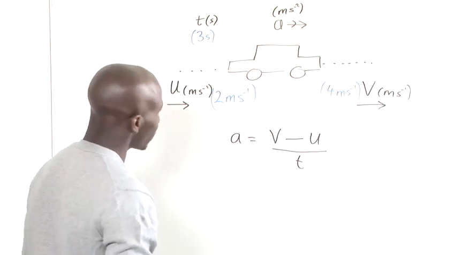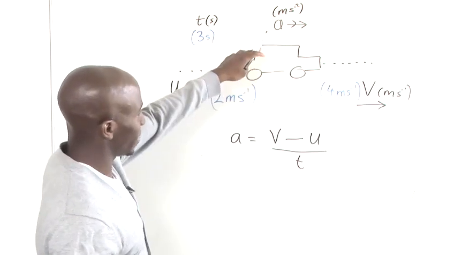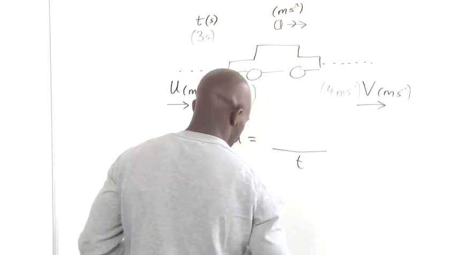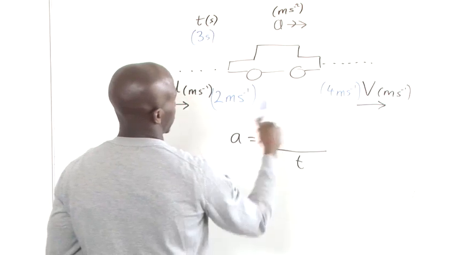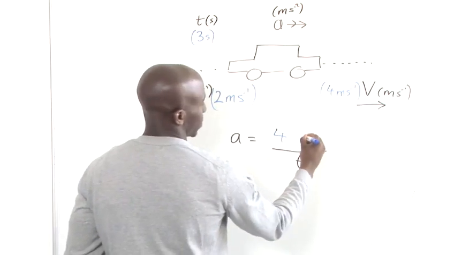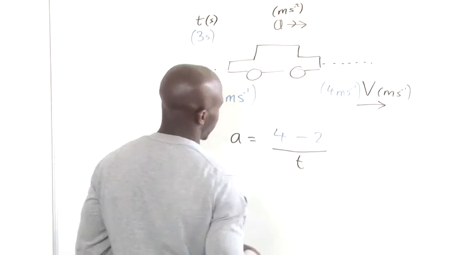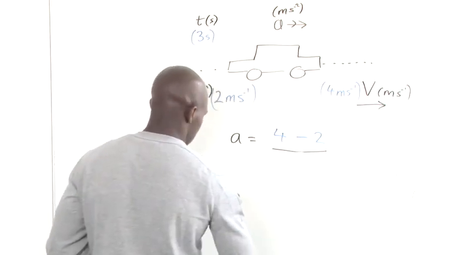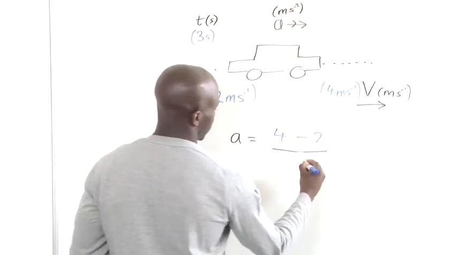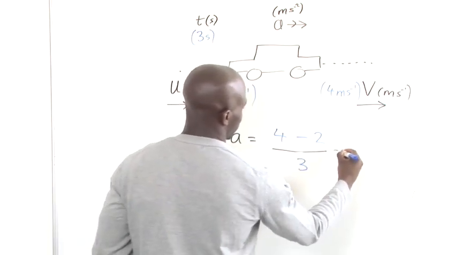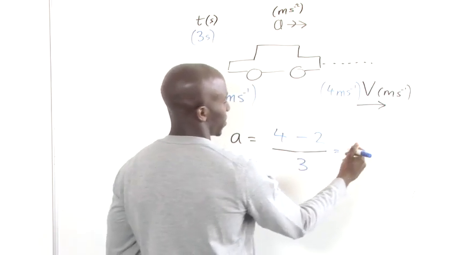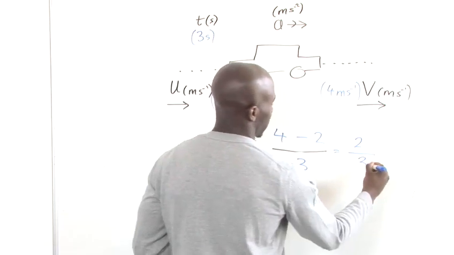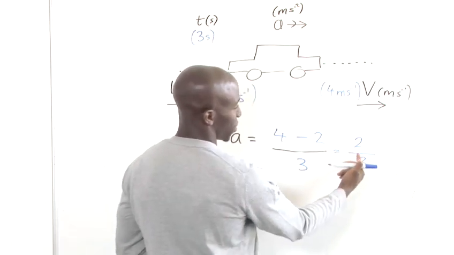Now we would want to calculate the acceleration. V minus U is 4 take away 2, and you have your time as 3 seconds, so we have 3 on the bottom. 4 take away 2 is 2, so it's 2 divided by 3, and that gives you 2/3.